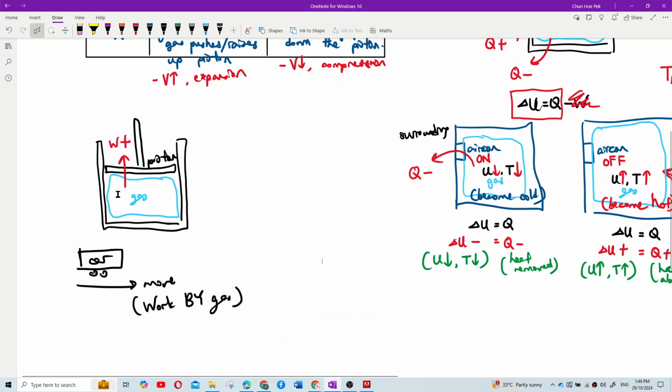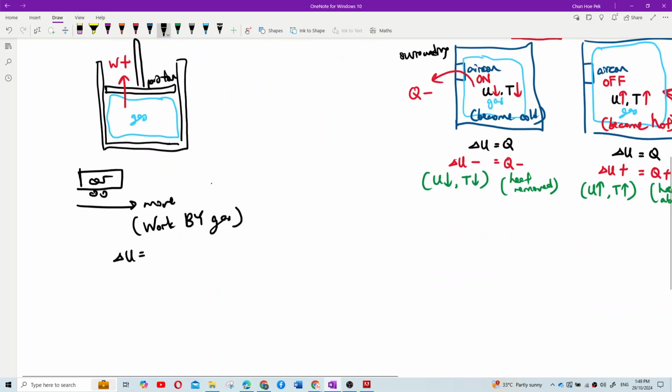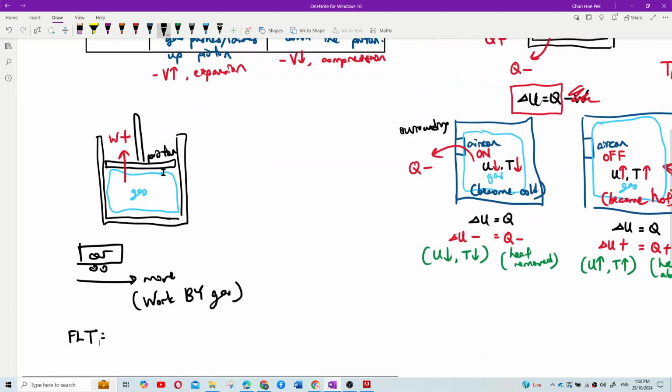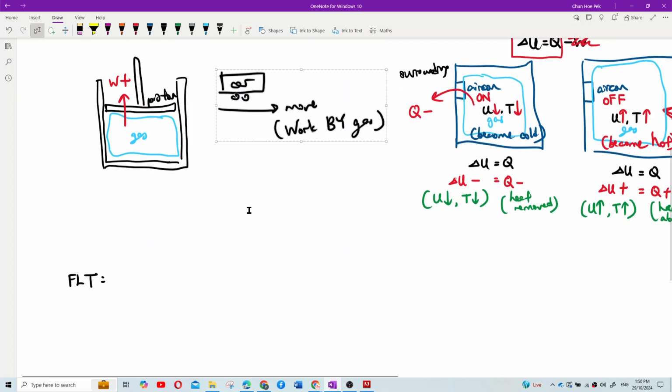So if gas do work, expansion. Look at the formula. The delta U equal to what is the first law of thermodynamic again? What is the formula of first law of thermodynamic? Let me put it this way somewhere else.